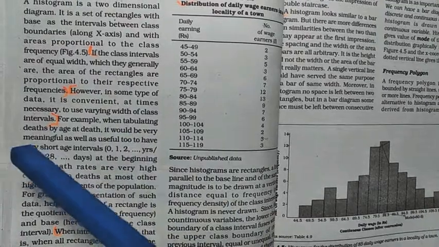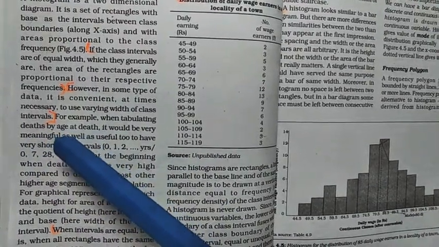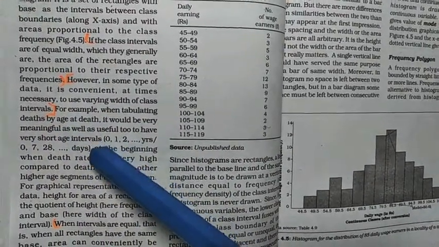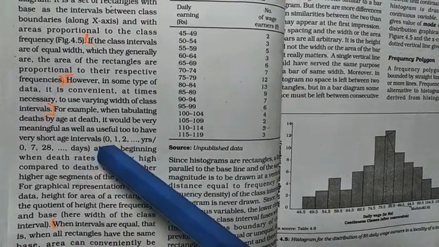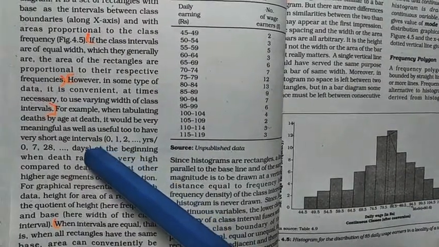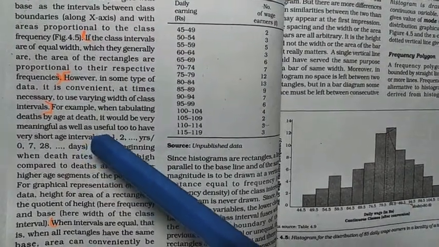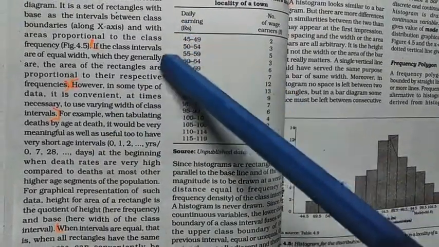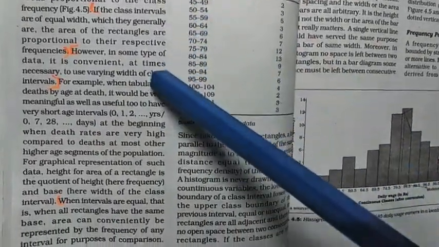So it is advisable to have very short age class intervals there, but most of the time the class intervals are of equal width.